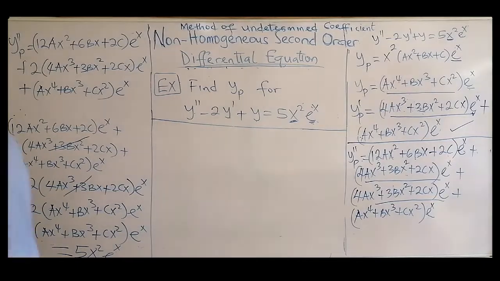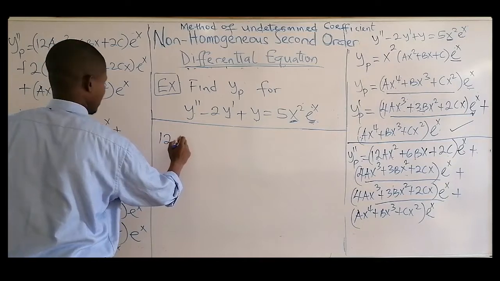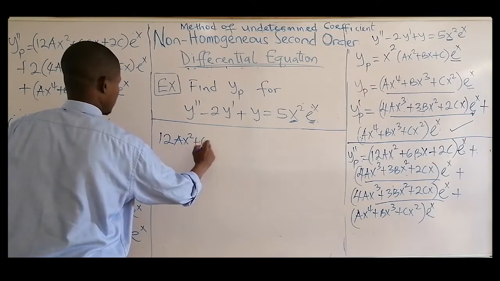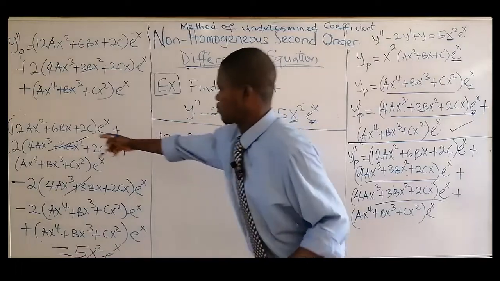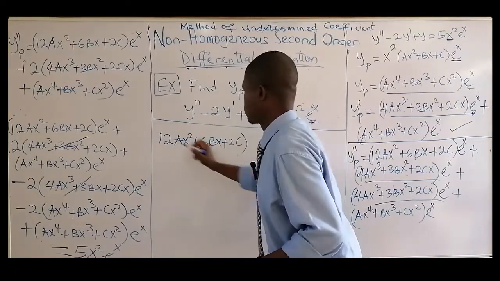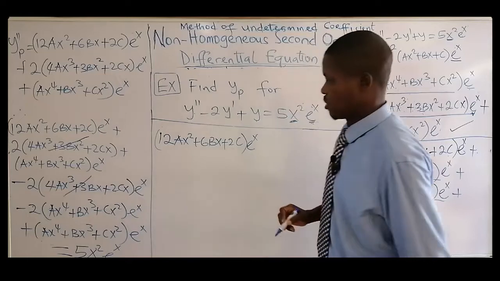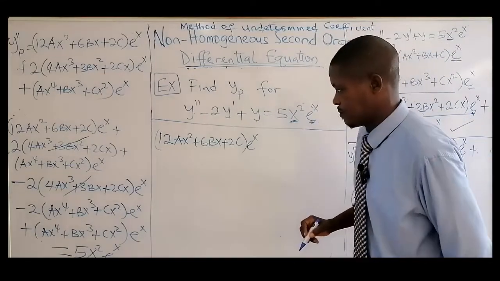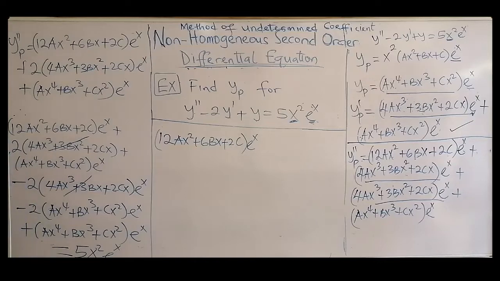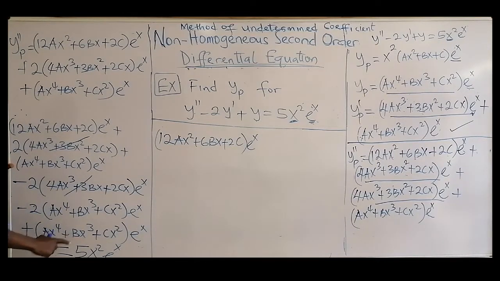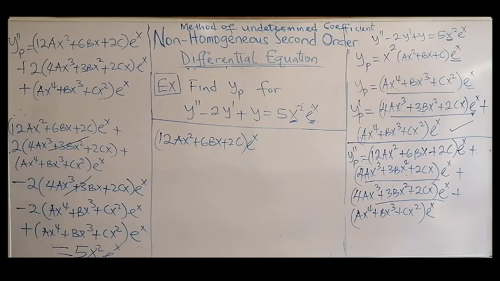So we now have 12ax² plus 6bx plus (12 plus 2c), close that, eˣ. Then what again do we have? Here also ax⁴, bx³, cx² are here too. So one of this making 2.